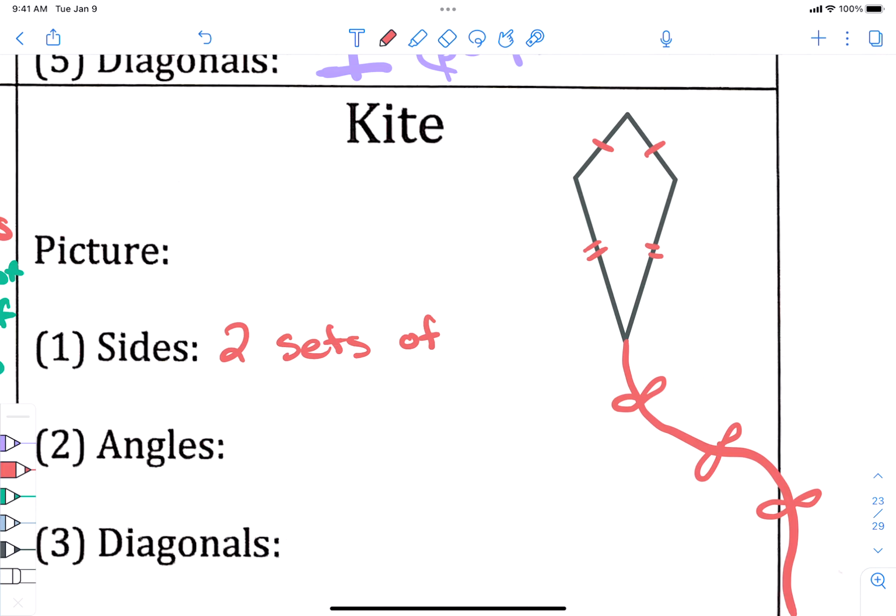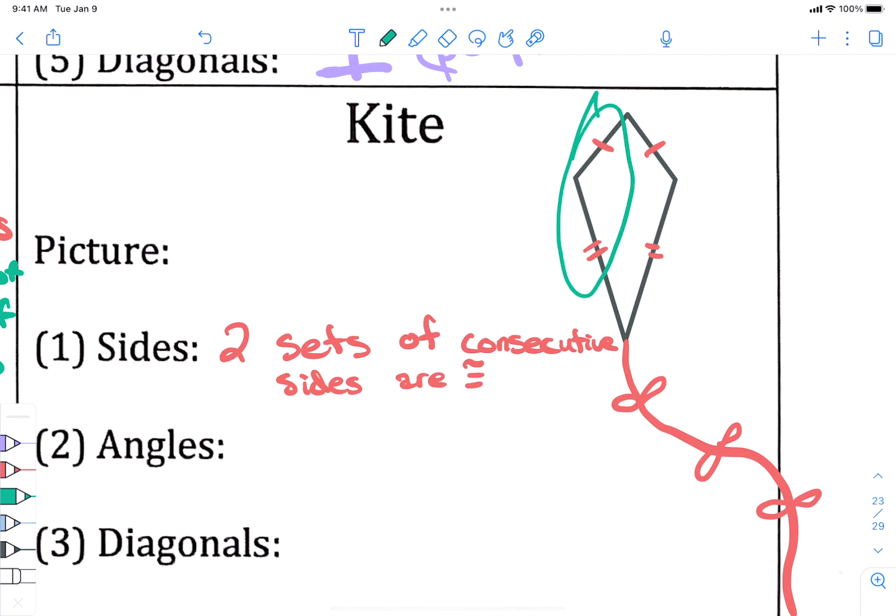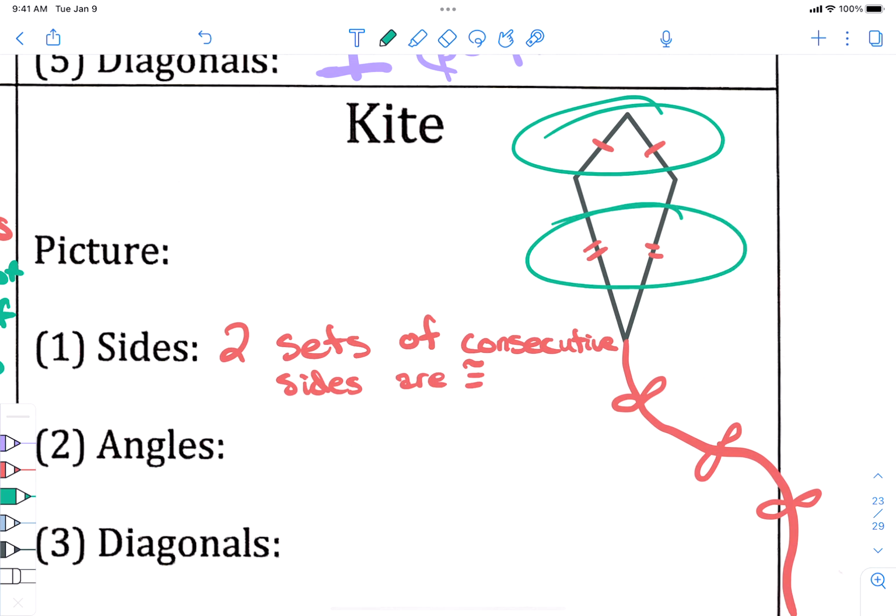What's another word for right next to each other? Consecutive. So two sets of consecutive sides are congruent. Okay, so two of them that are right next to each other. Now, I understand that these two are also consecutive and these two are also consecutive, but we're not looking at those consecutive ones, right? We're looking at the ones that are congruent, right? Two sets. It has to be this set and this set, right?